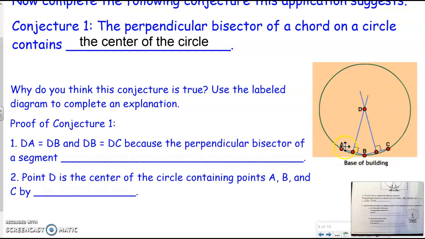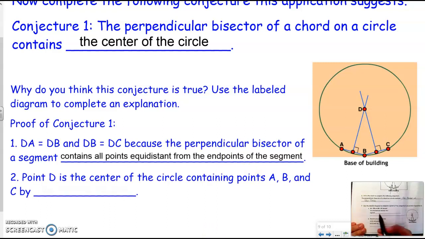That means that these segments, DA, DB, and DC, are all congruent, so they're the radius of the circle, and therefore, since they're the same distance from this one point, that point, by definition, is the center of the circle. DA is equal to DB, and DB is equal to DC because the perpendicular bisector of a segment contains all points equidistant, which just means equal distance, from the endpoints of the segment.